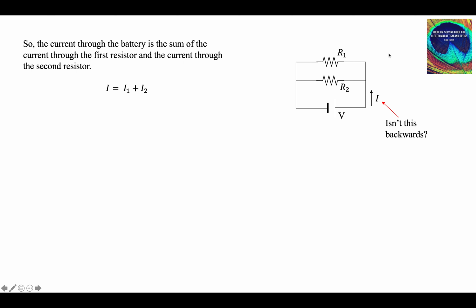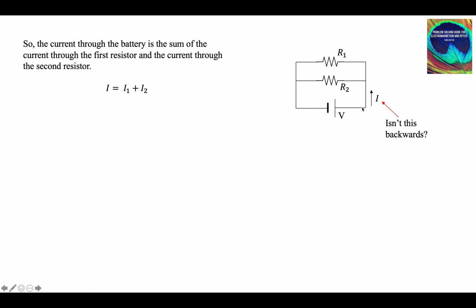I have to pause here and tell you about the fact that humans guessed wrong. Humans guessed that it was the positive charge that was moving, but in fact it's the negative charge that's moving. So conventionally, on circuit diagrams everywhere, still, this capital I is the direction of the positive current. But there is no positive current.